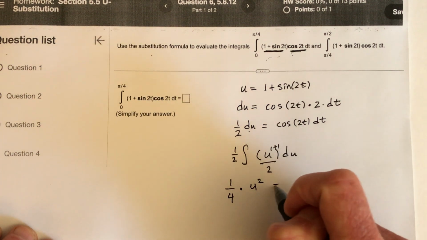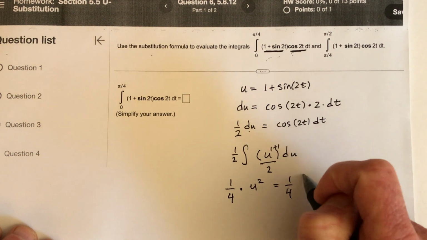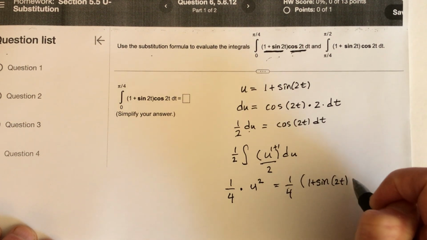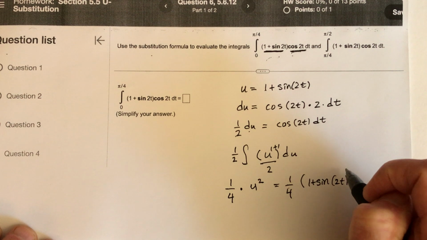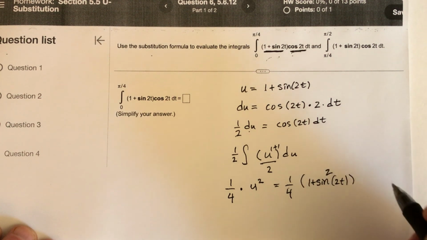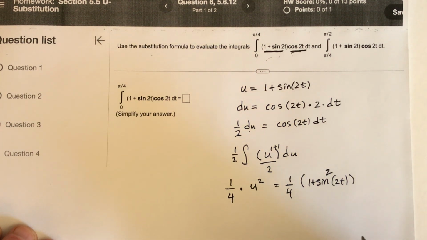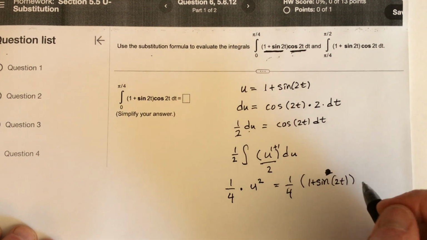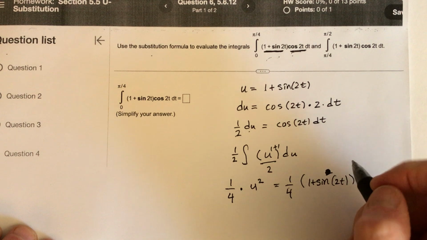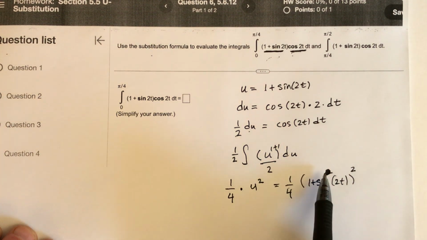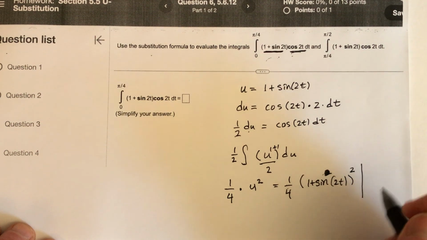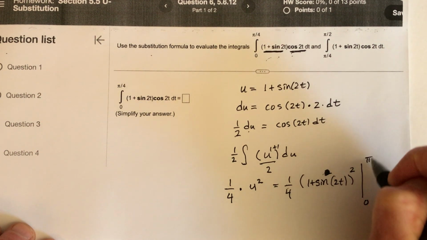So basically we have 1/4 and then 1 plus sine of 2t being squared. Oh, I put my square in the wrong place. It's not the sine that is being squared, it's the whole thing that is being squared. Good thing I've got an eraser right there. And then evaluate it from 0 to pi over 4.